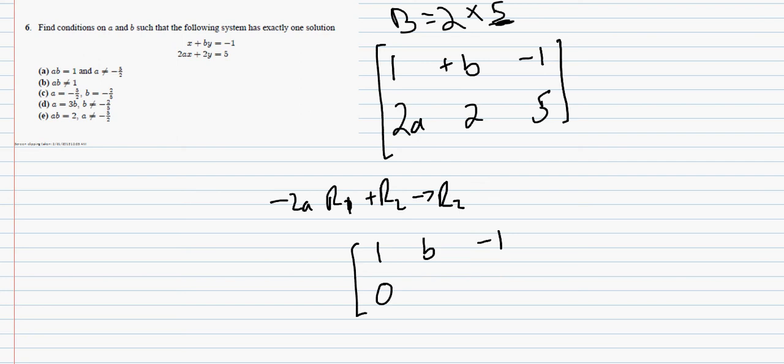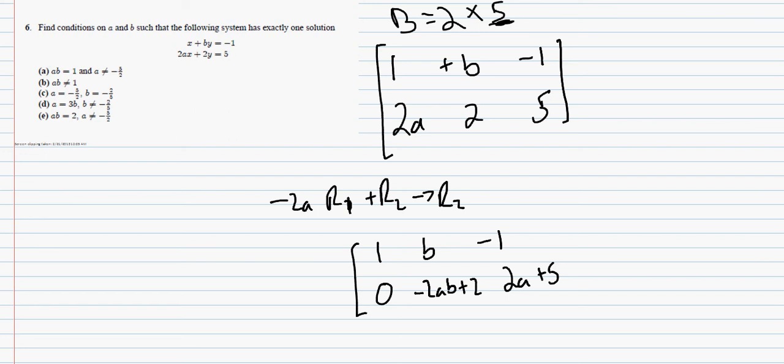And over here it's going to give us negative 2AB plus 2, right? Negative 2AB plus 2. And over here it's going to give us negative 2A plus 5. So that's good, right? We had 2A, this times that, and we just added that.